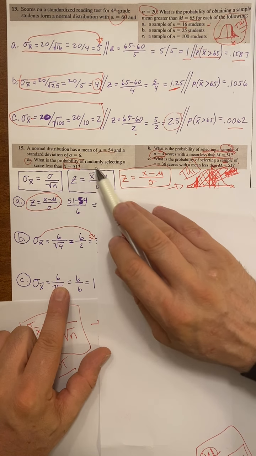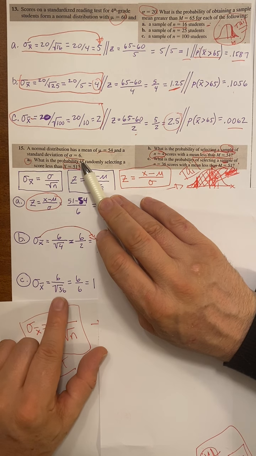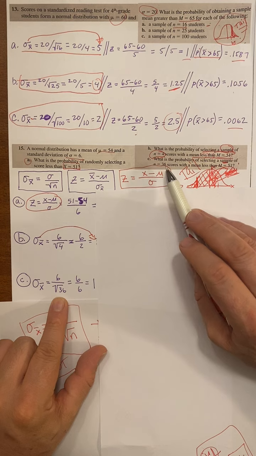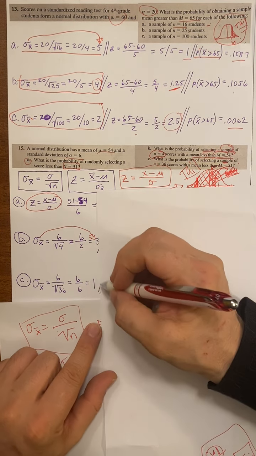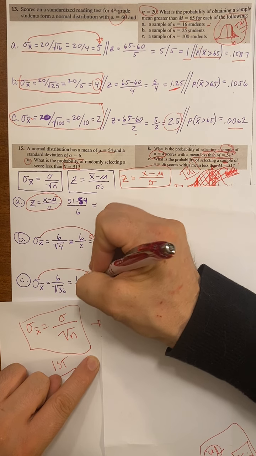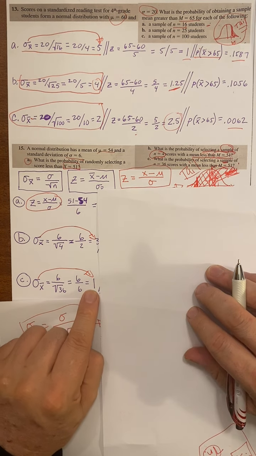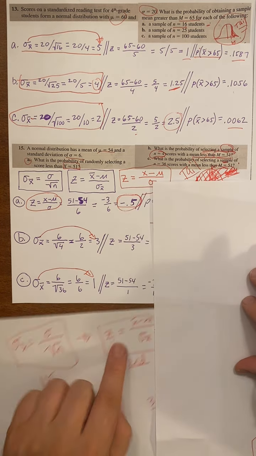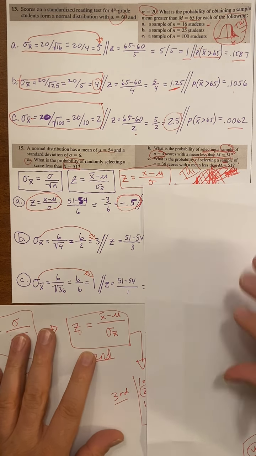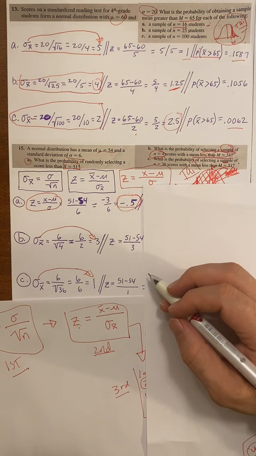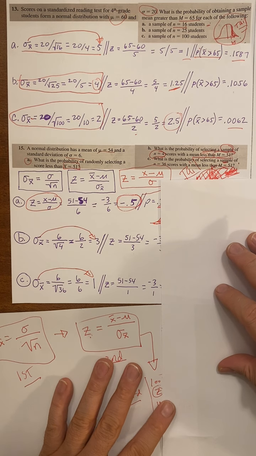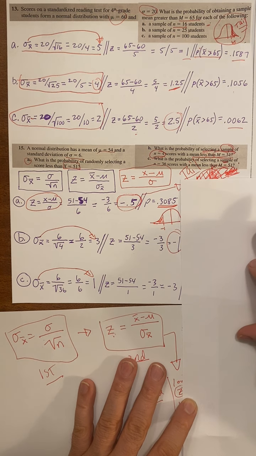Oh yeah, it's the standard deviation divided by the square root of our n. That reduces to 6 over 6, reduces to a standard error of 1. We're going to use that 1 in our new z equation, where now it's 51 minus 54 over that 1. That reduces to negative 3 over 1, which reduces to a negative 3.